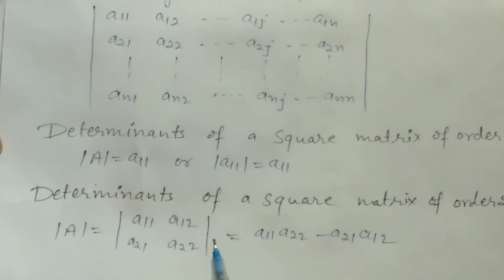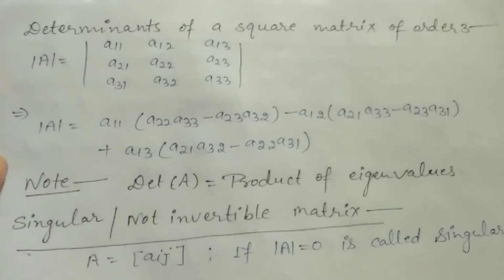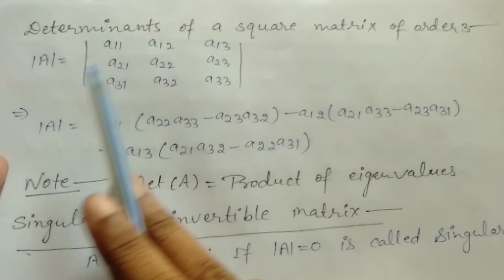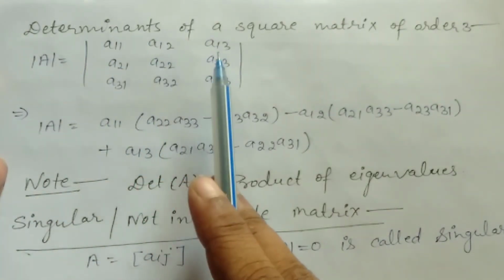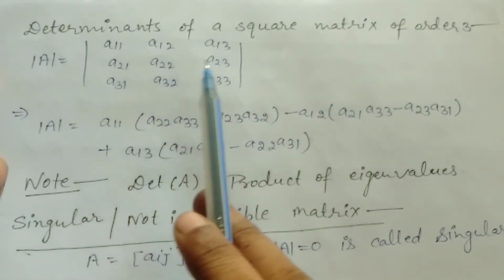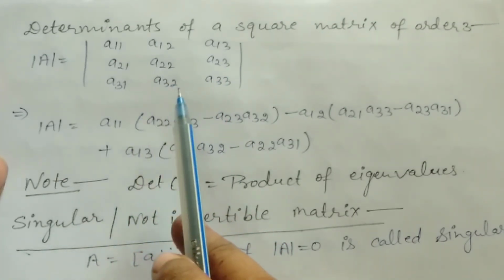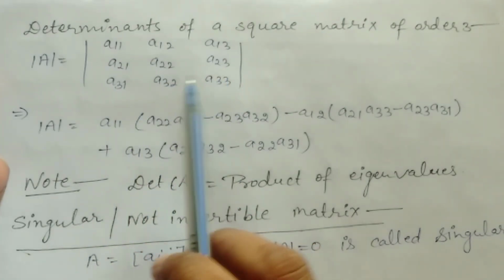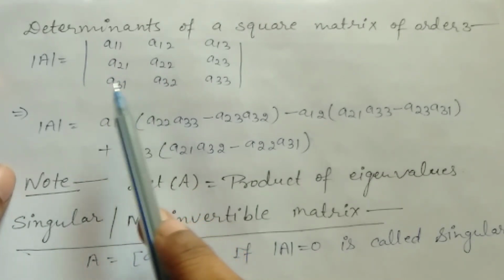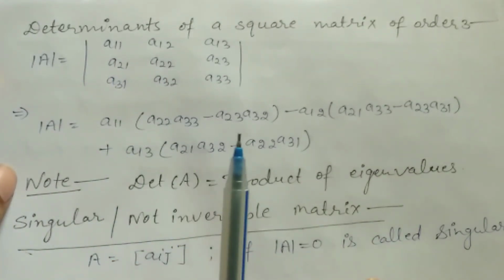Now, next we are going to discuss the determinant of a square matrix of order 3. Okay, if matrix A equals A11, A12, A13, A21, A22, A23, A31, A32, A33, this determinant equals this.